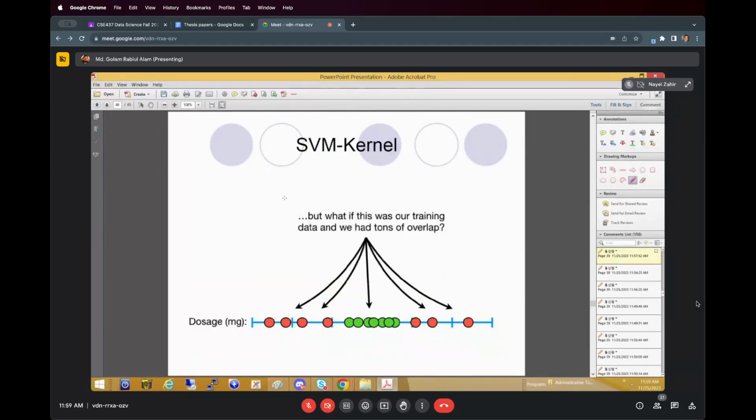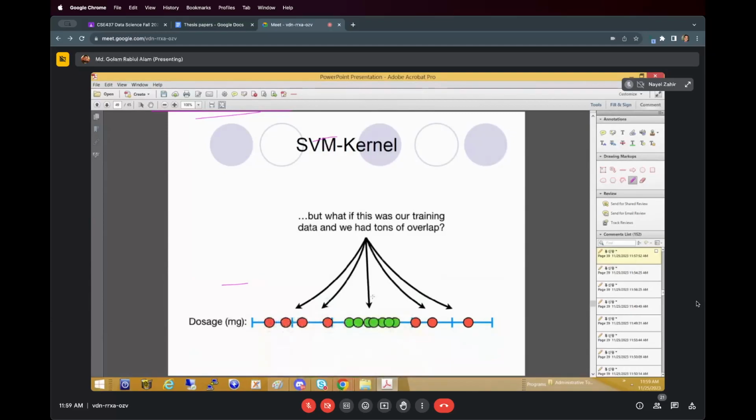So now, if we have this data set, we want to classify the red circles from the green circles. Consider the red are the negatives and the blues are the positives.